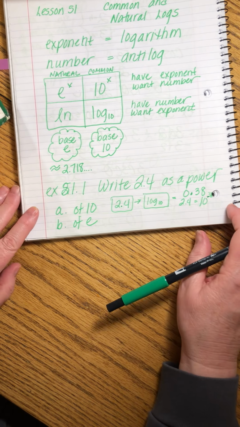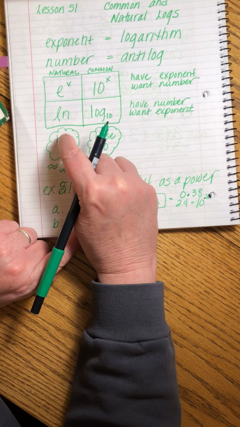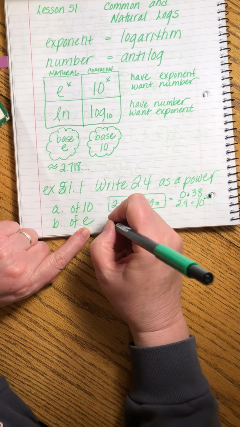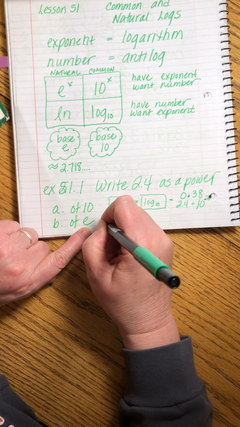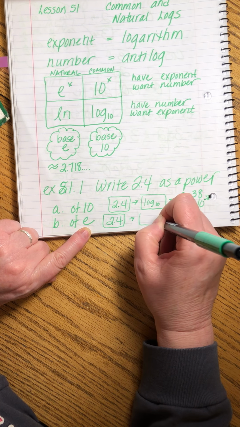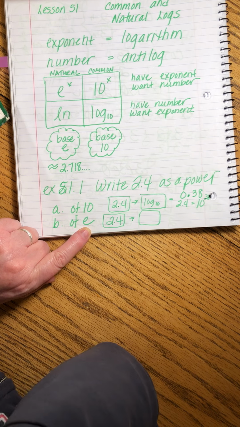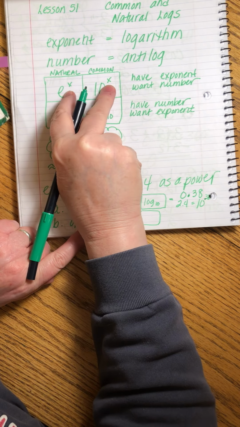Now we'll do the same thing, only instead of using the base of 10, we want to find what exponent we put on the base of e. We take 2.4, enter that, then we enter, and this is very confusing because why doesn't this button look like that button? It's needlessly confusing. They do the same thing, just like these do the same thing.